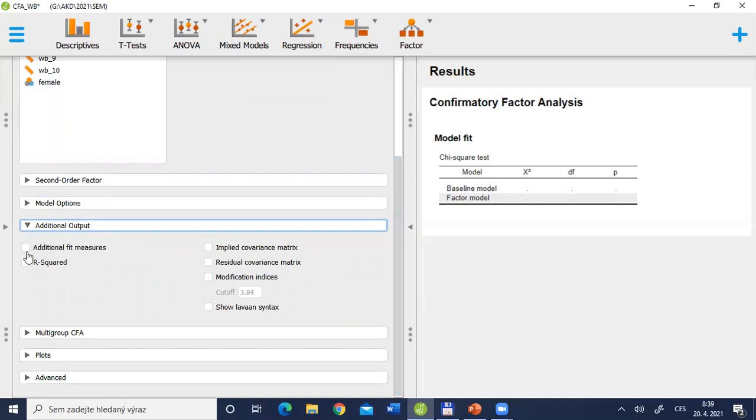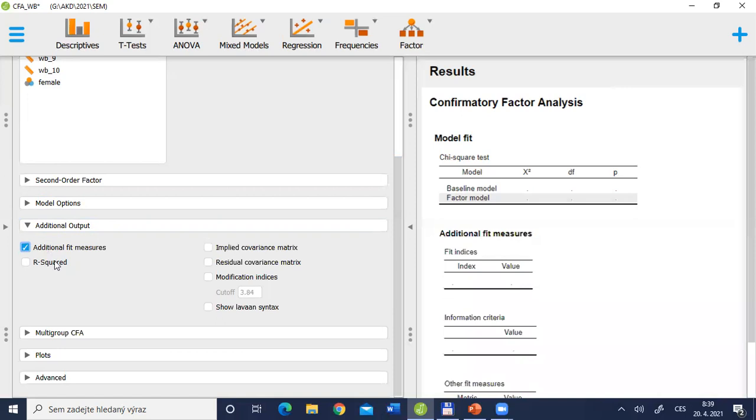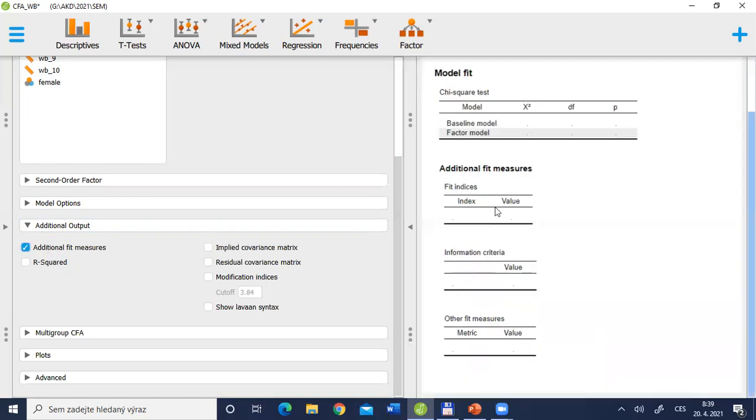First of all, I would ask for additional fit measures. I hope that you remember that we also asked for these additional fit measures in the general structural equation modeling dialog. If I ask for these additional fit measures, it just adds some fit indices, information criteria, etc. You can see here that 3 tables are added. It could be important for us to find these CFIs, TLIs, RMSEAs, etc. You can also ask for the R-squared table.